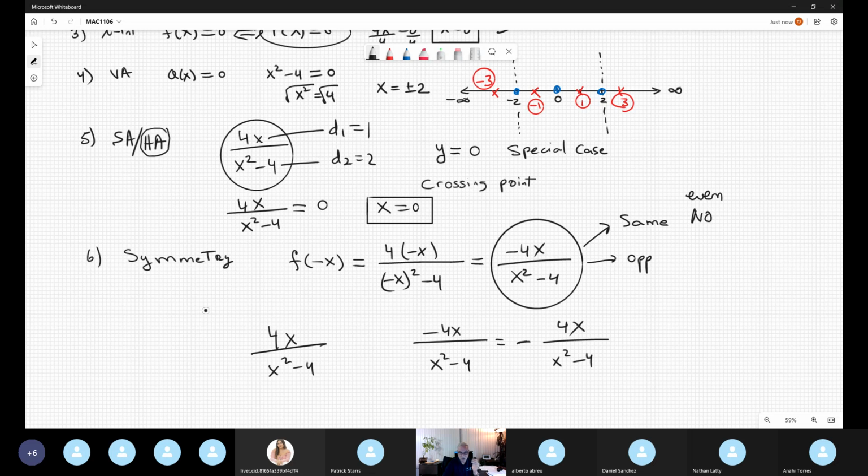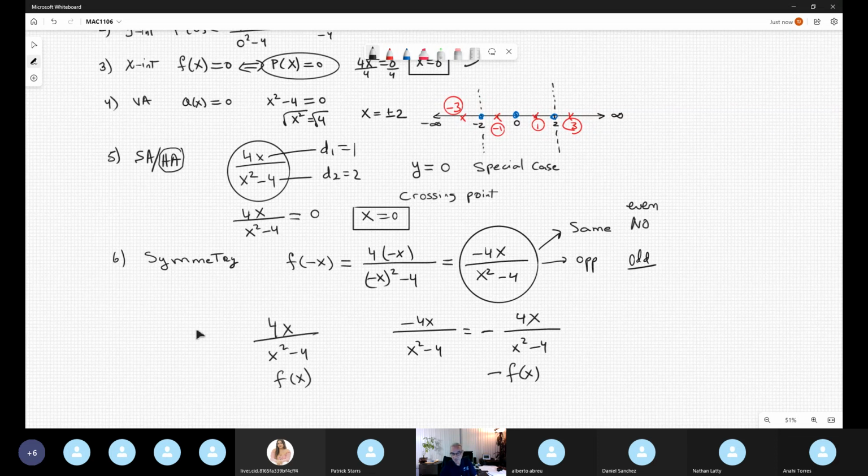There are 3 different ways to express the same idea. This is my f of x, and this is my minus f of x. Do you see? So this is obviously an odd function. Do you understand that it's odd? Yes or no?